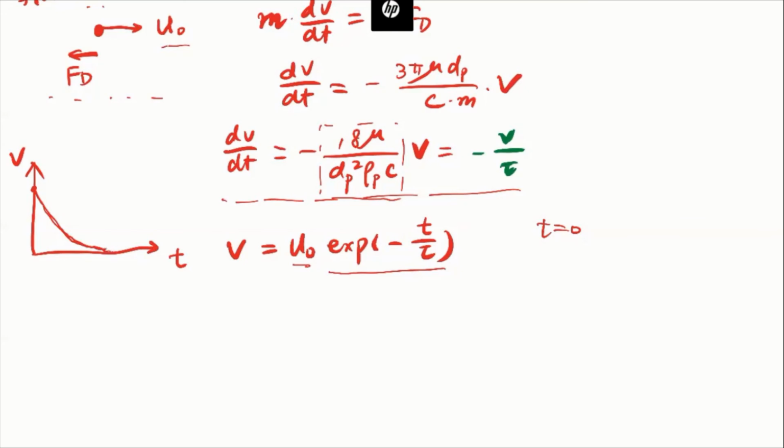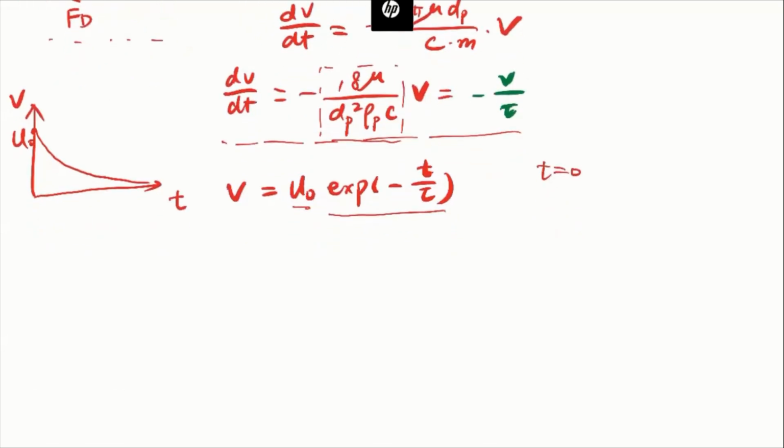Well, it's never going to reach 0. Even if we plug in time equal to infinity, the limit of this term is going to be 0, but it's never going to touch it. It's just going to decrease exponentially.